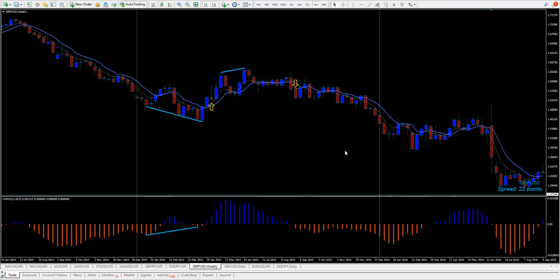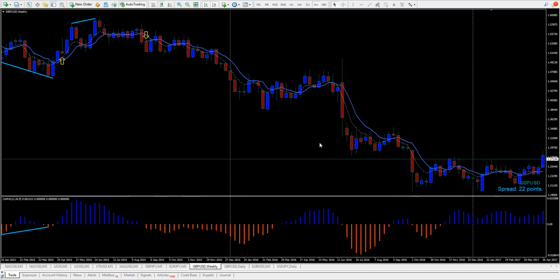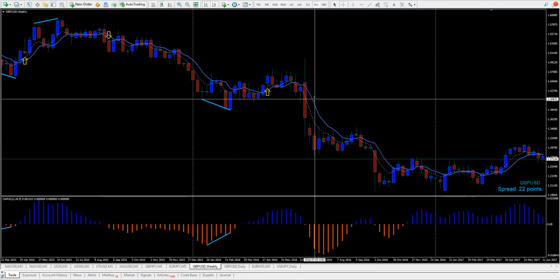Okay, let's move on. We're moving on now to 2016. Here's a trade right here, low and lower low. It didn't look too promising though. It looks like we would have got in with my filter right here, right on the opening of this week.